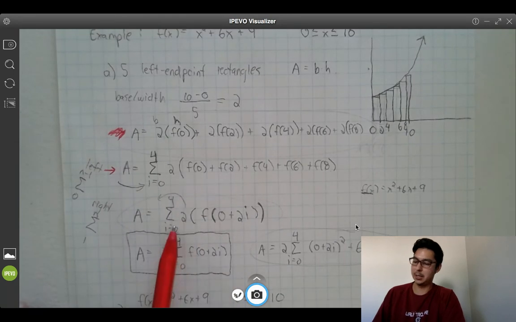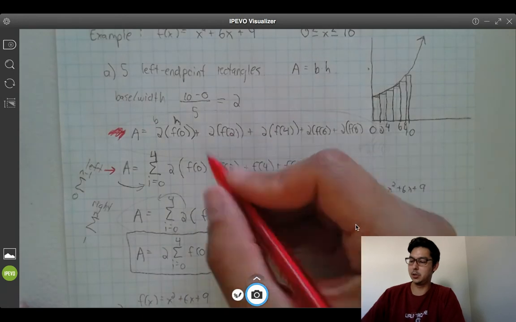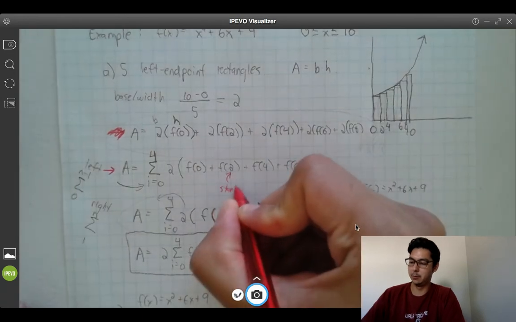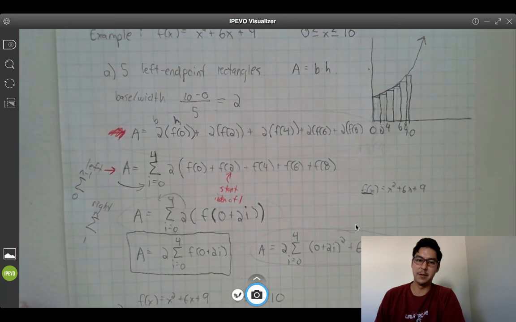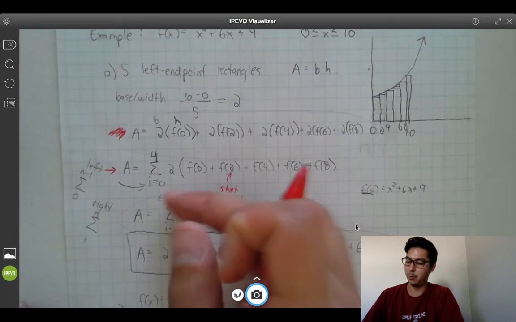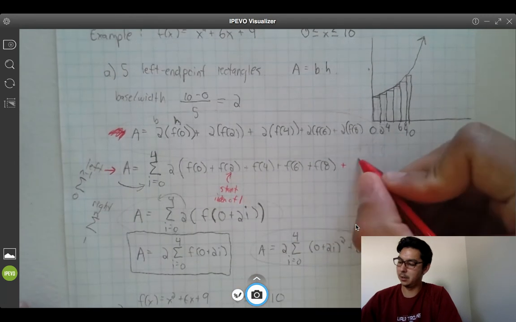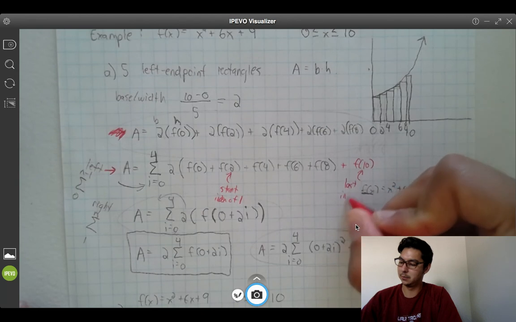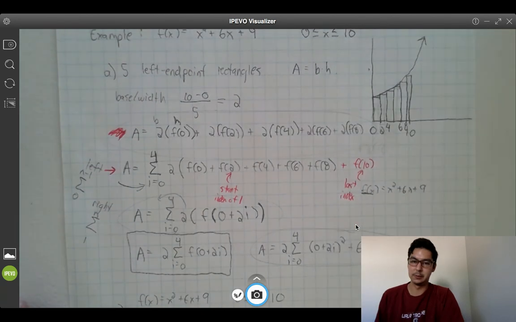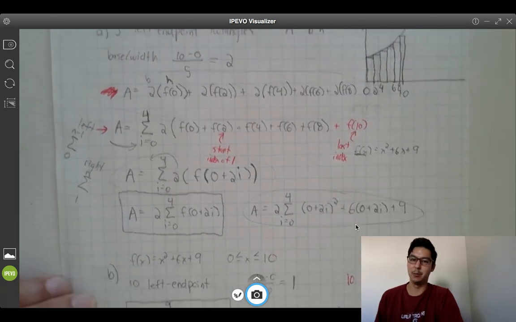But when you plug in an index of 1 here, you're starting right here with an index of 1, following the same pattern, that is. And then what will end is, since you're going 1 farther, it will add on f of 10 for your last index. And that's how right endpoint works in a nutshell.